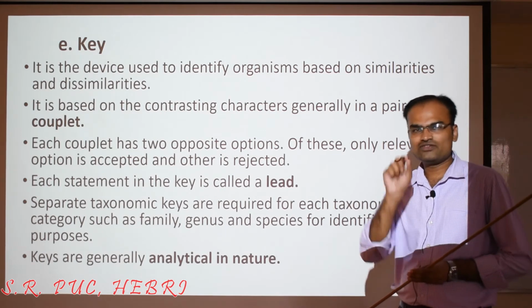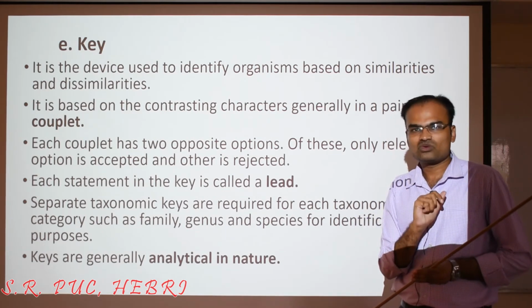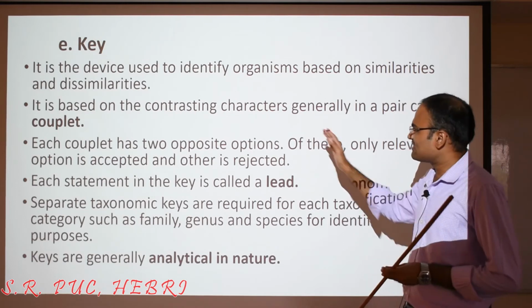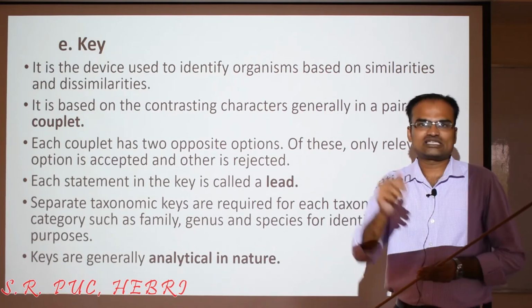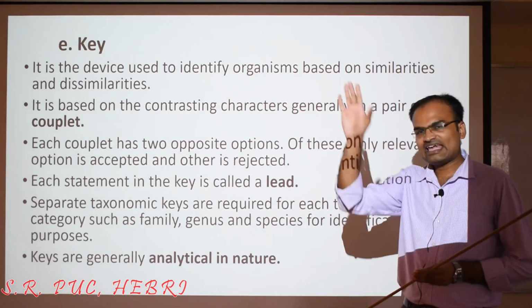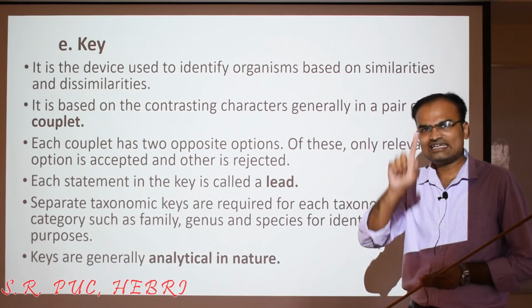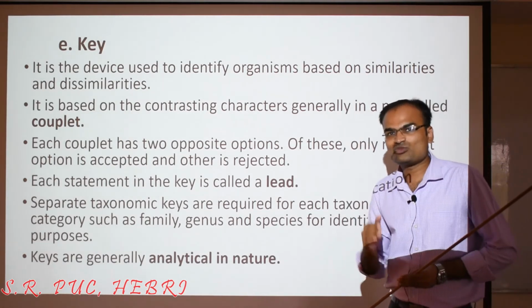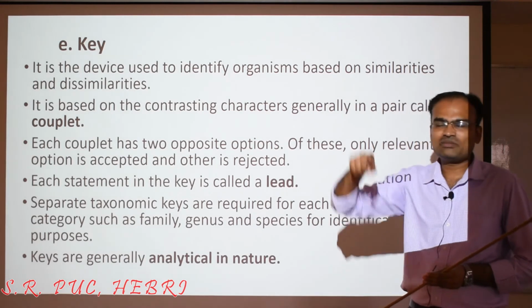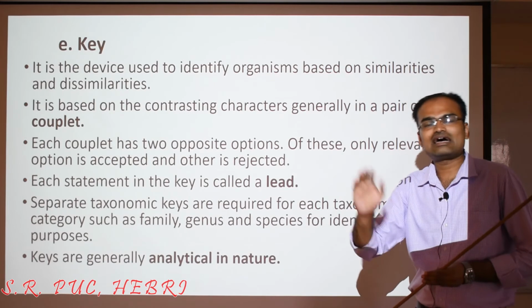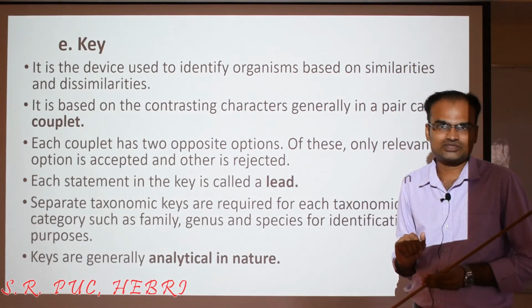For example, any coin has two faces. Like that, a character has two faces. Best example, if you consider any plant, the height is a character of a plant. But what about the contrasting character? The height may be tall or dwarf. So dwarf and tall are the contrasting characters.